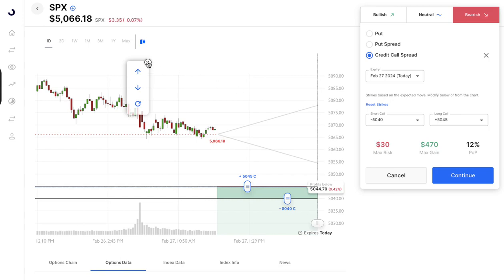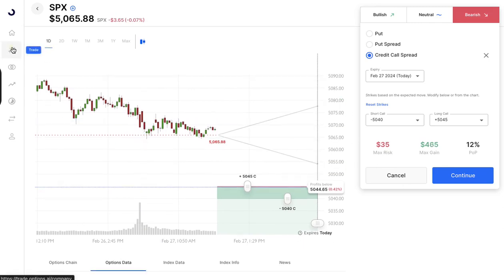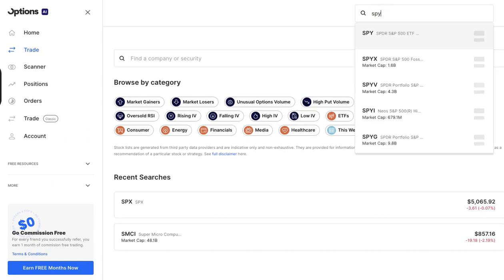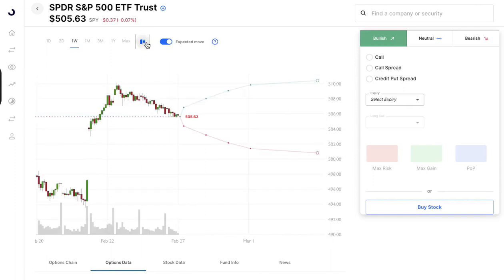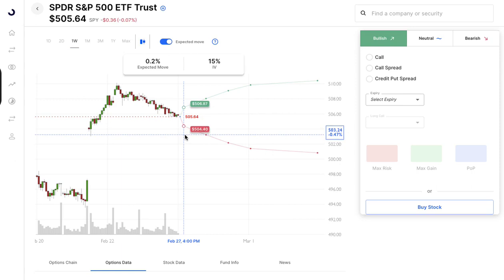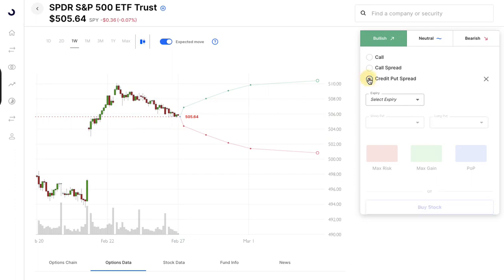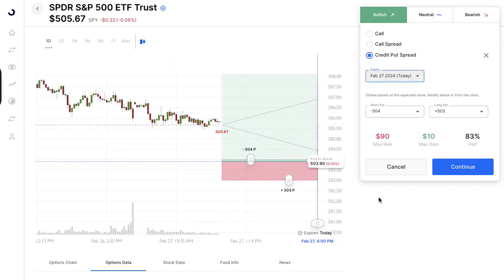So if we were to do this in SPY, and let's just go to SPY and discuss this. Say we were short, let's call it the 504, 503 credit put strike, and we wanted to do what we just talked about, and we did a credit call spread buying the 504 call and selling the 503 call.